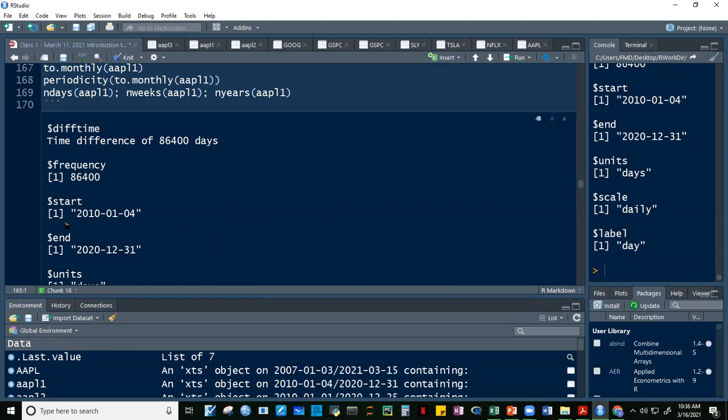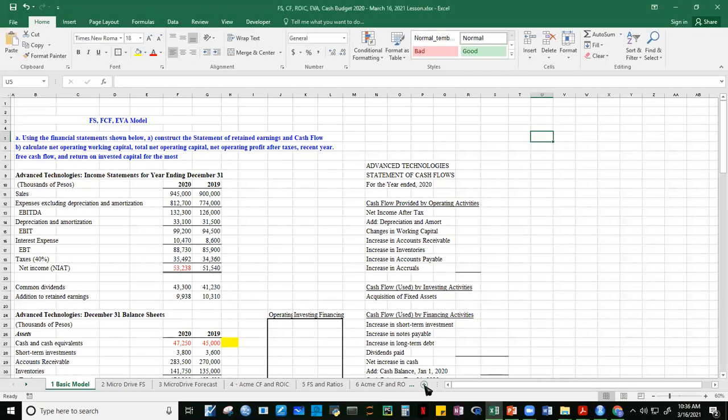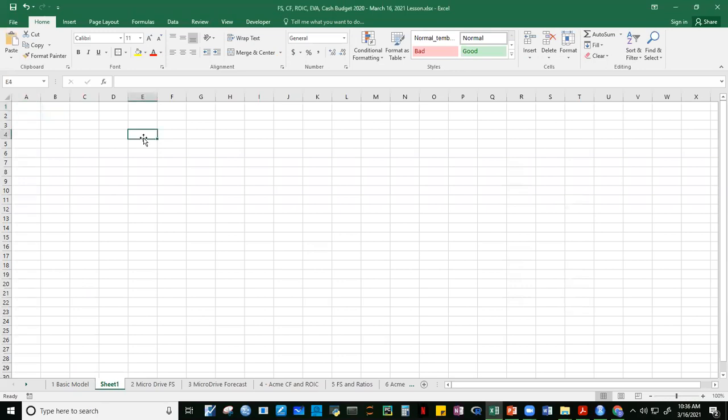Alam natin yung start 2010, January 4, ang end 2020, December 31. What's the meaning of this 86,400? Kasi this is 11 years. Yung difference ba yan ito? Tignan nyo guys, ha?